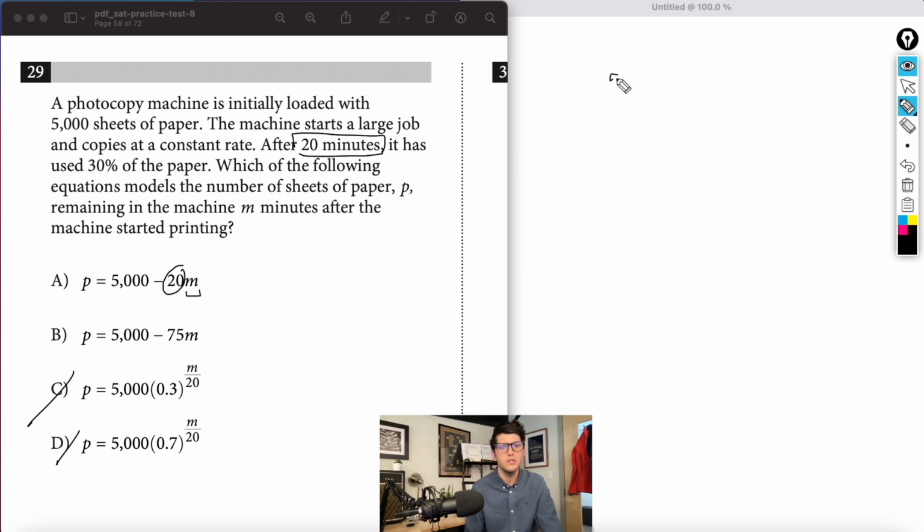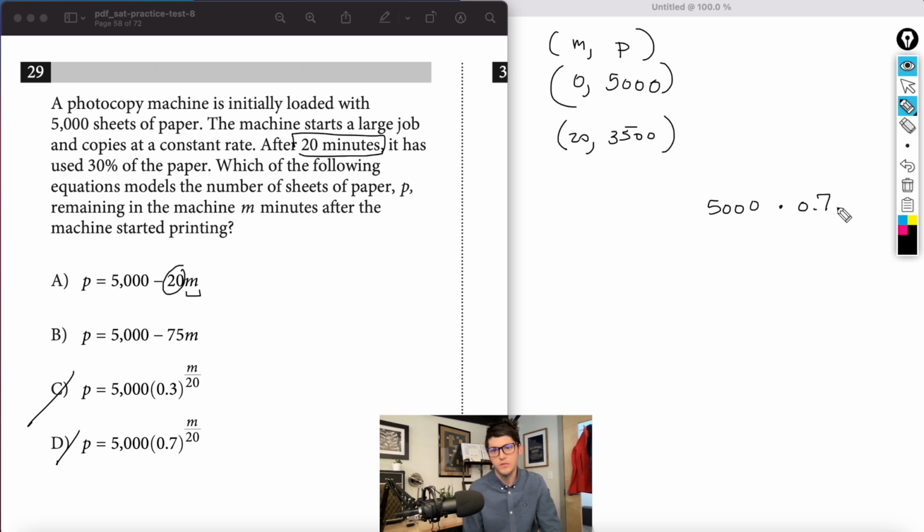So what are we really doing here? Well, the first point you have is that when minutes are 0, I'll write it here, m, and then p is like the number of pages. When minutes are 0, you have 5,000. In 20 minutes, you're down to 3,500. And we got that by the math I just showed you before. Essentially, 5,000 times 0.7 lets you know how much you have.